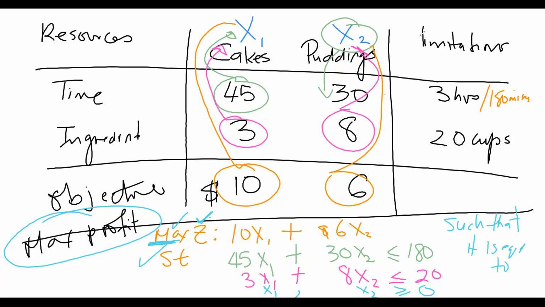So that colon means a whole lot of words: maximize the Z, your objective function, such that it is equal to what? Equal to this expression that I just circled. Do you follow? Yes, miss, following.